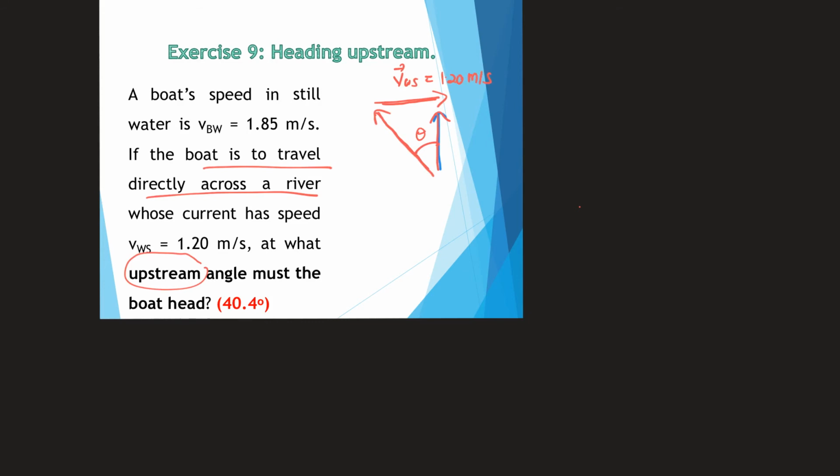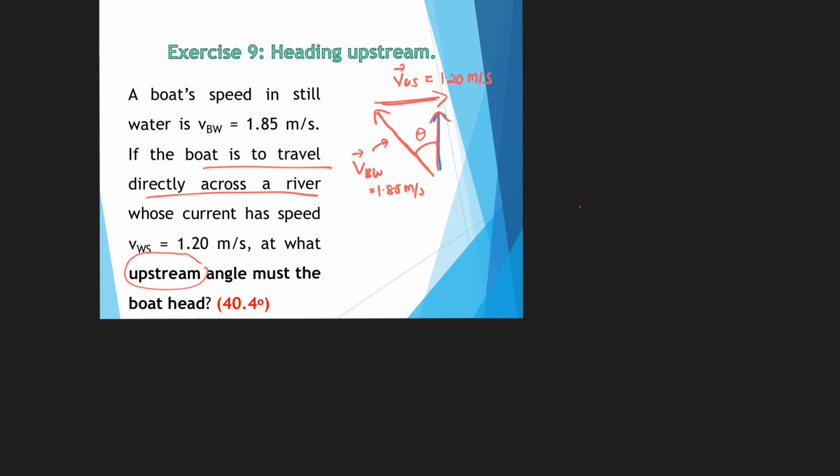Then you need to make some action, so this is going to be your VBW, 1.85 meters per second. When you see upstream angle, it means you are going to point at some angle to make sure that you can head directly without being pushed by the river current.